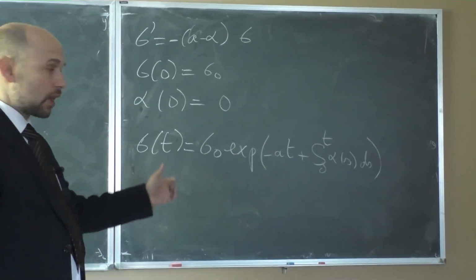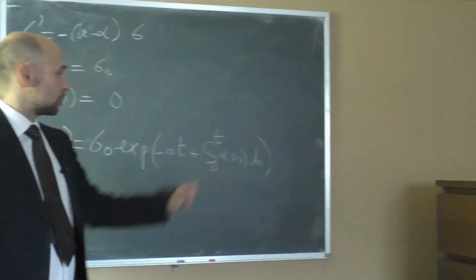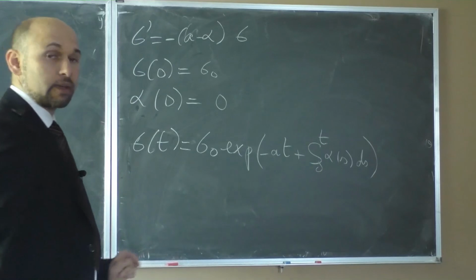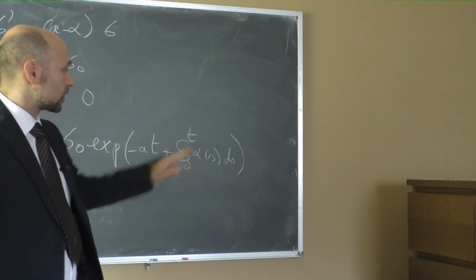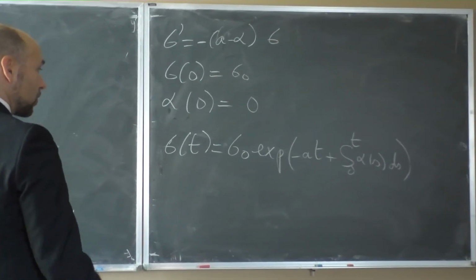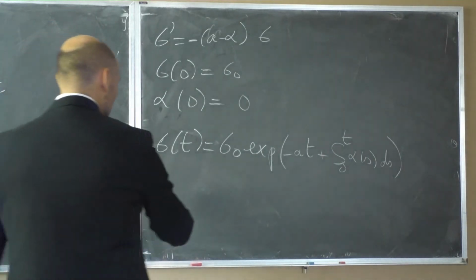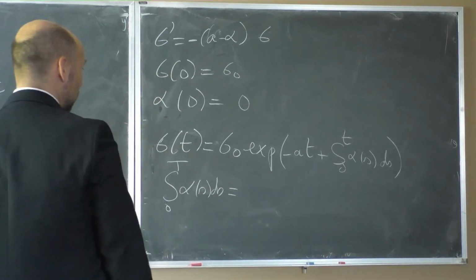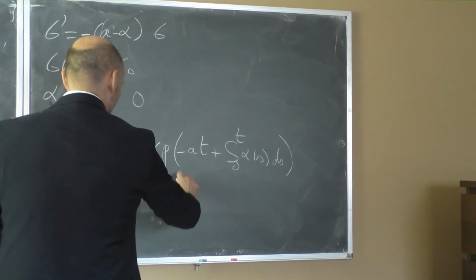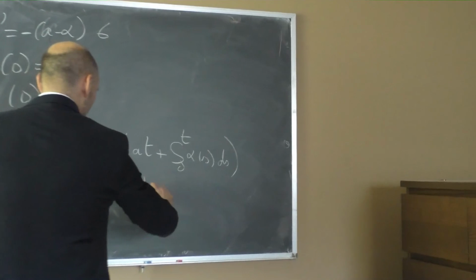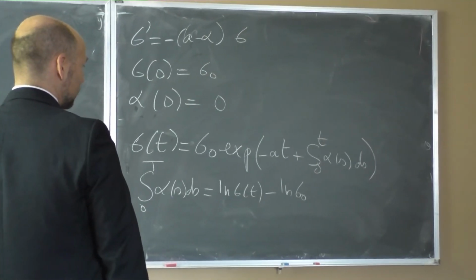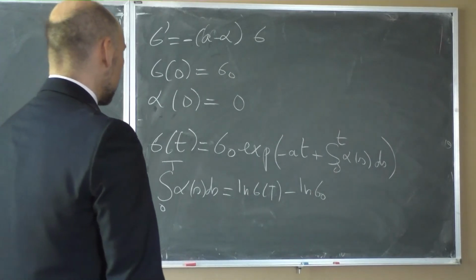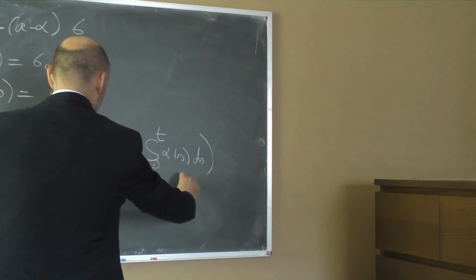So now I just apply the logarithm and I put this quantity on the one side, and I take capital T. So I take small t equals capital T, and I apply the logarithm on both sides of the equation, and I get that the integral between 0 and T of alpha s ds equals log of sigma of T minus log sigma 0, and so sorry because I took the capital T, plus a T.